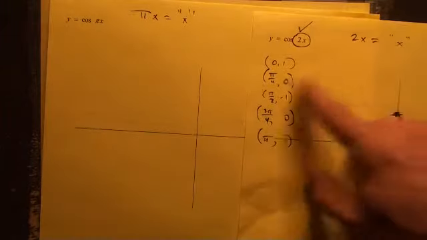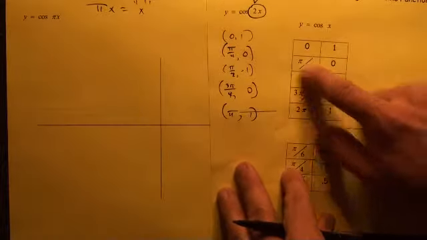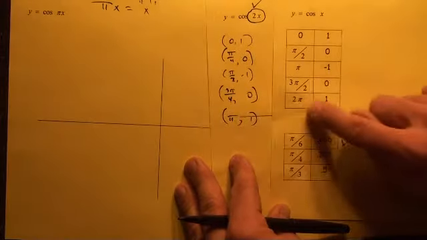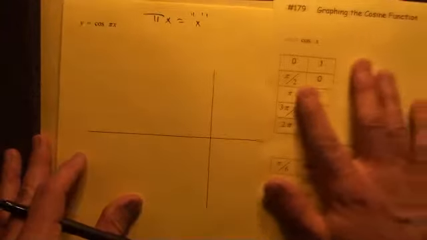Instead of dividing them all by 2 like we did in this one, right? We divided all these x values by 2 here. Did pi over 4 for that one, pi over 2, 3 pi over 4, and then pi. What are we going to do now? We're going to divide everything by pi. Isn't that beautiful? So all the pi's are going to be gone. That's what's cool about this one.